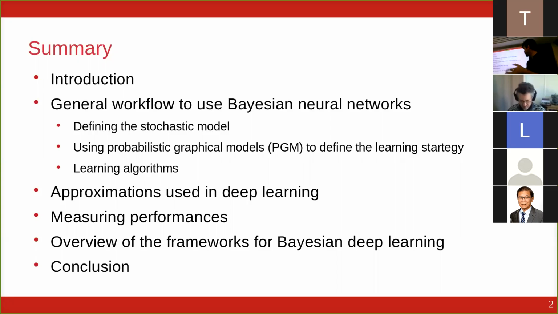So I will present some approximations that you can use to get faster algorithms. Then once you get your Bayesian neural network, I will present how to measure the performance and give you a short overview of the frameworks you can use to implement your Bayesian neural networks and all other stuff in Bayesian deep learning before concluding.